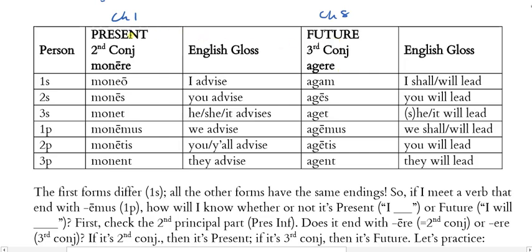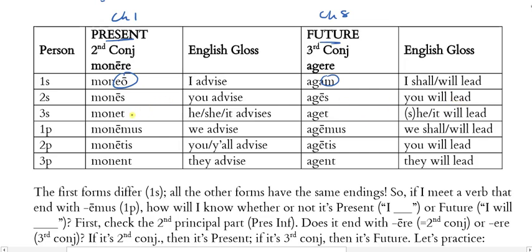Now remember, this is the present tense in this column, and this is the future in this one, but for different conjugation patterns. Moneo, I advise; agam, I will lead. Now here, these are different from each other. They do not look the same. But look at the rest of these. Second singular, mones, you advise; ages, you will lead.